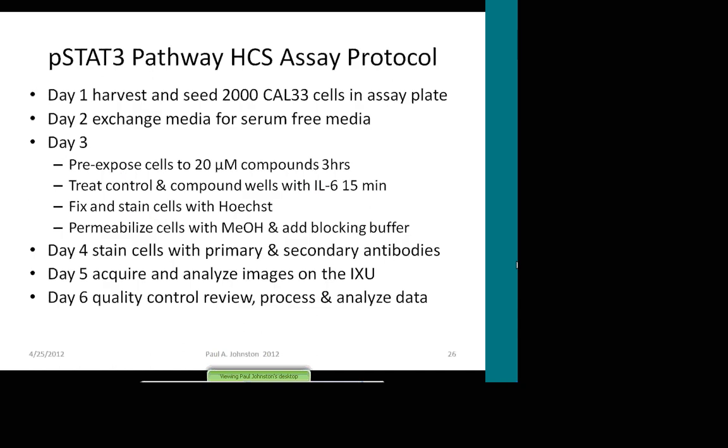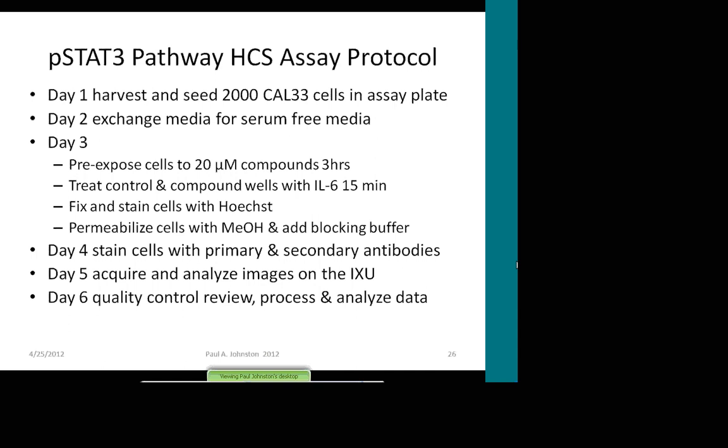So this is just a quick summary of the HCS protocol. Harvest cells, C2000 and Cal33 head and neck tumor cells, into the assay plate. On day 2, we exchanged the media for serum-free media. On day 3, we pre-exposed the cells to 20 micromolar compounds for 3 hours. Treat the controls and the compound wells with IL-6 for 15 minutes.